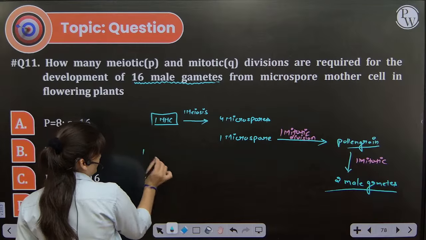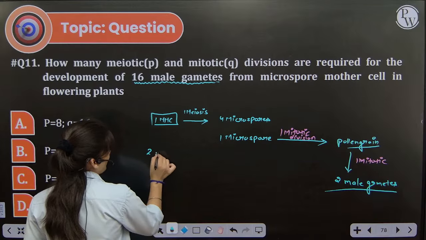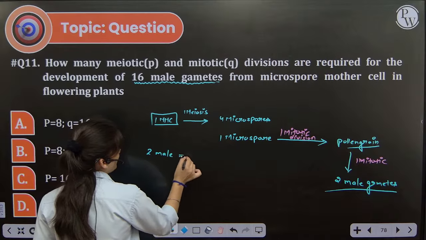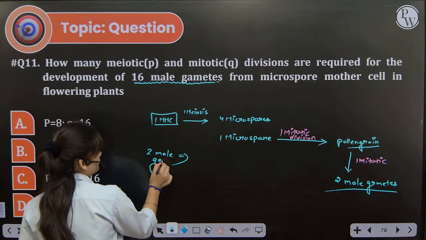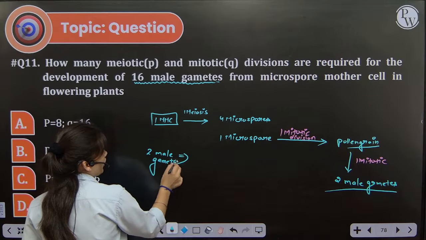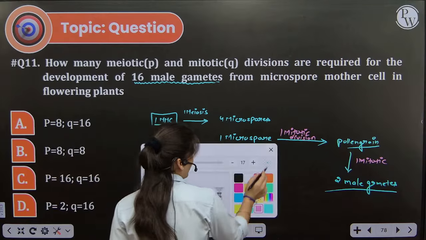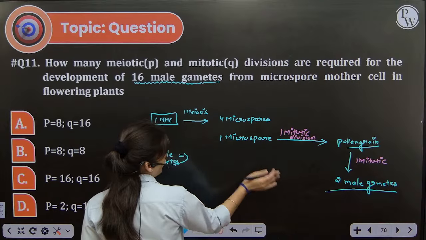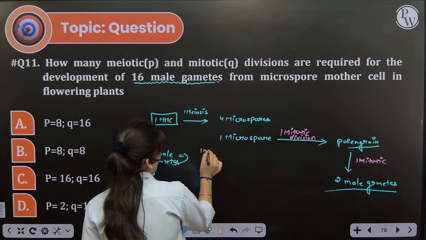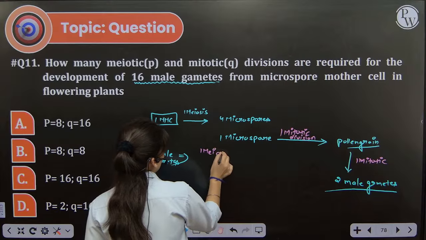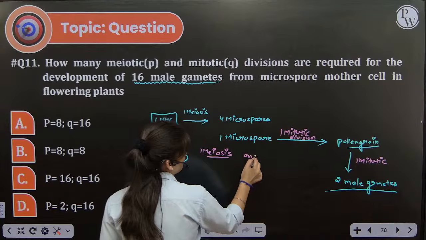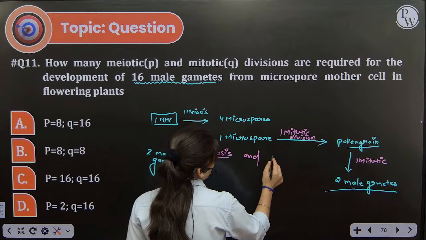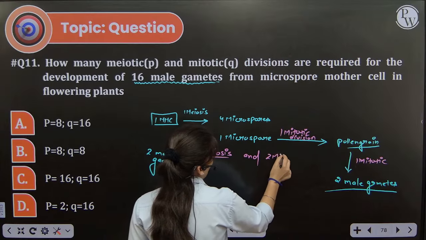For the formation of two male gametes, what is required? How many mitosis and meiosis? For two male gametes, one meiosis and two mitosis.